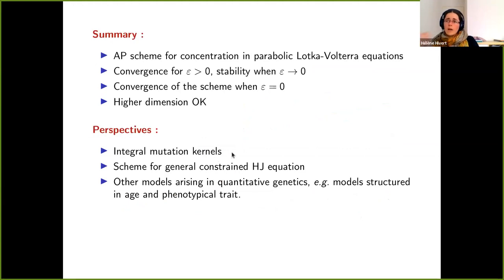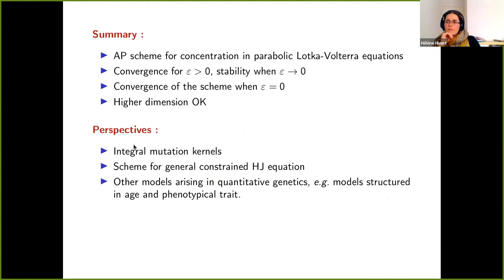Well, I will stop. I'm sorry, I was a bit long. To summarize, I presented an asymptotic-preserving scheme for concentration phenomenon in parabolic Lotka-Volterra equations. I proved its properties.